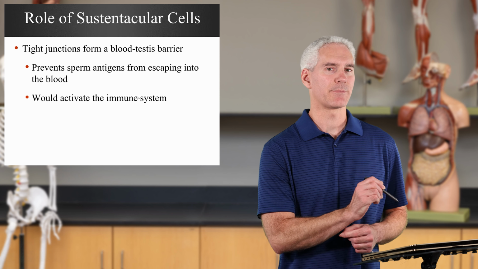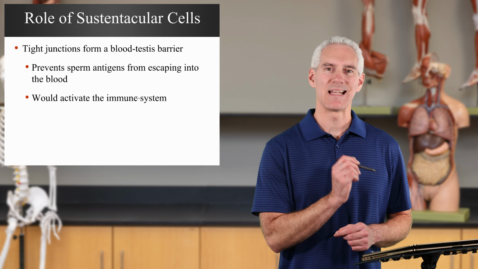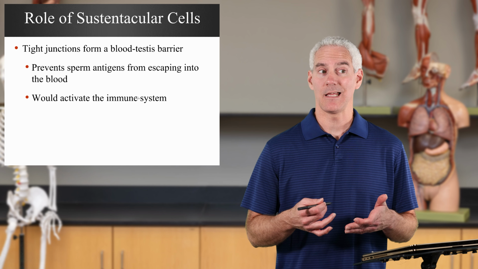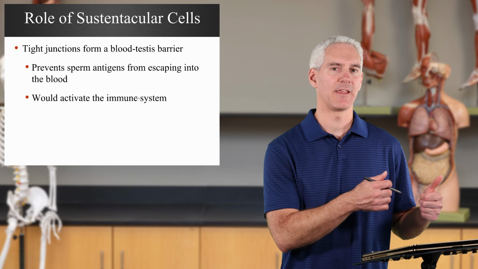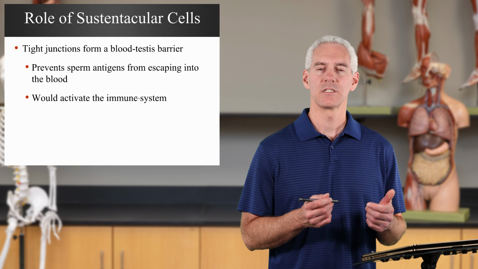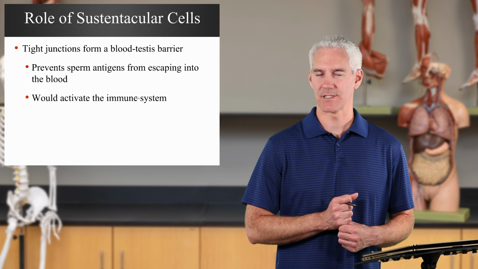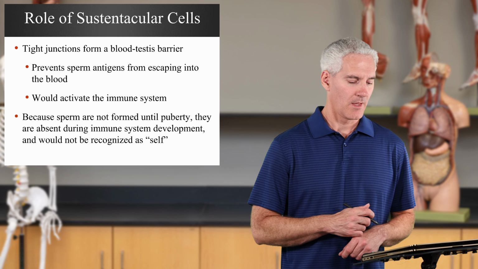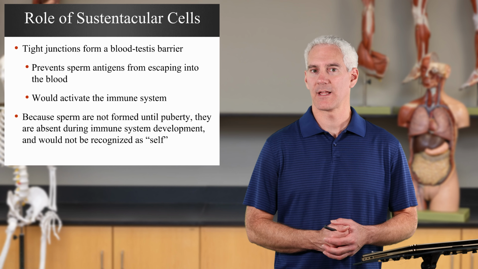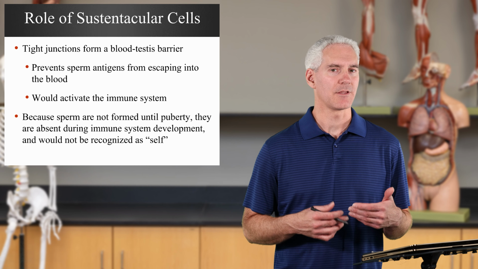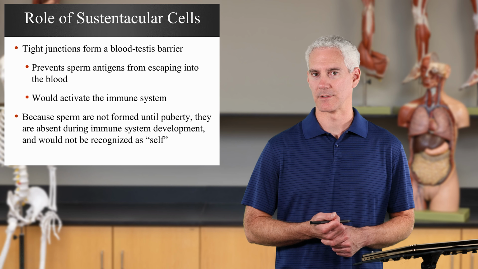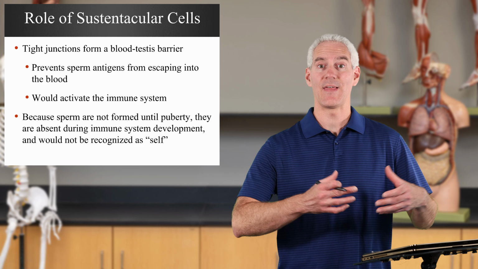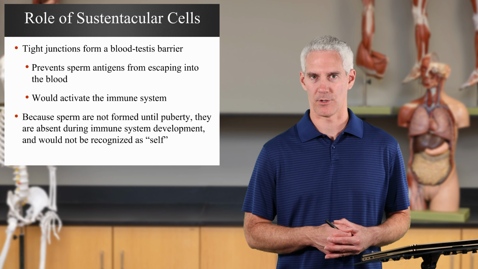That means these sperm cells do not have the self-antigen, which means your body is going to destroy them if they're found, because they're produced after the immune system made its listing of self-antigens. So because the sperm aren't there prior to puberty, the immune system recognizes them as foreign. They don't have that same self-marker because it was never there when the immune system was forming.